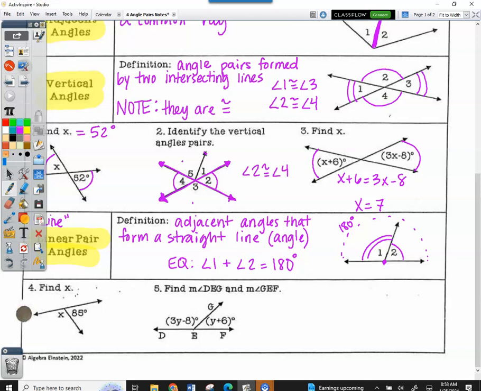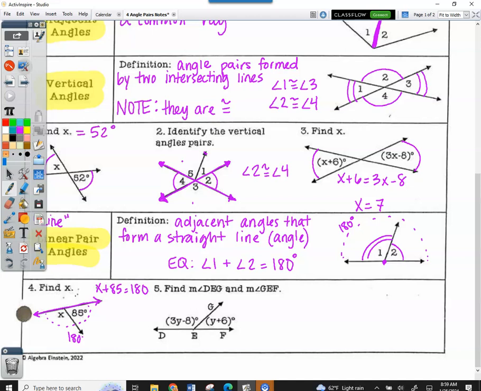One way is to say to yourself, I see a straight line. Ms. Holcombe said that measures 180. So from here all the way over here is 180 degrees. Now you should see your part plus part equals 180. So this is one way to do it. X plus 85 has to equal 180. And then you would solve that. That's one way to do it.